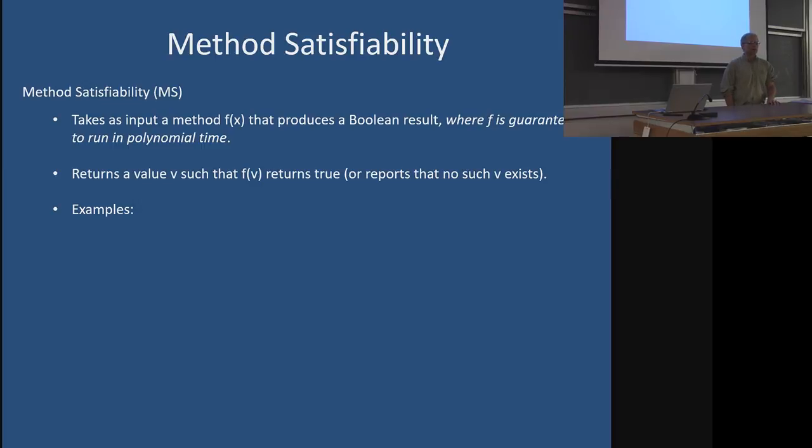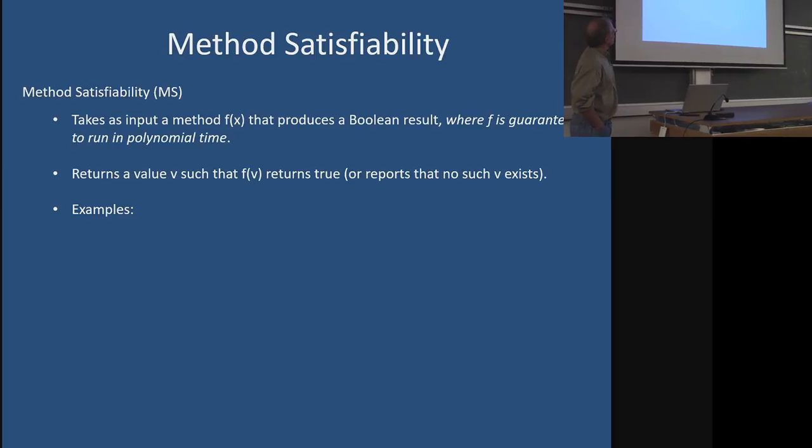If it helps, you can think of it as taking the source code for the method as input. You don't have to be too specific about it. It takes a method as input, and that method, f, has to be a method that returns a Boolean, and it has to be a method that is guaranteed to run in polynomial time.